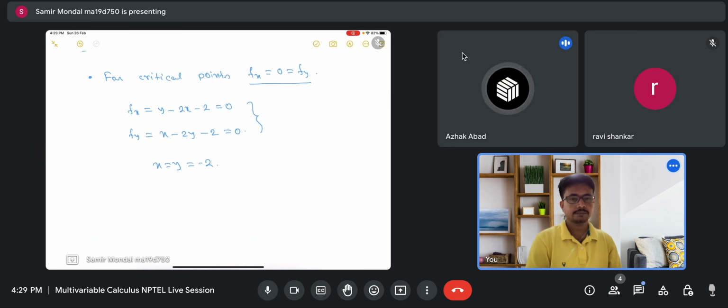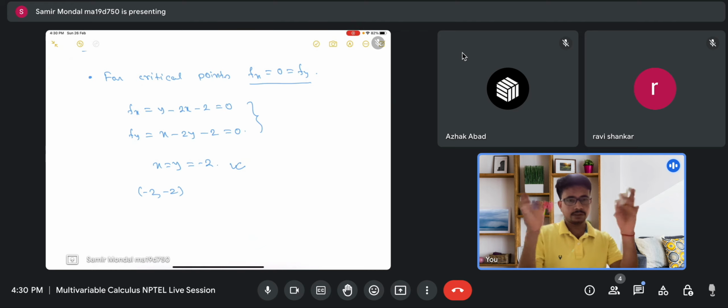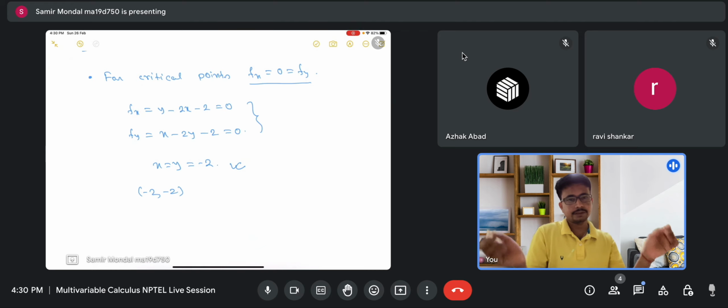From there we get this one, meaning we have only one point from the full region R2. This is the only possibility for local maxima or local minima, and this is an interior point of R2, because in R2 there is no boundary point. So you have to check the local maxima and local minima here.